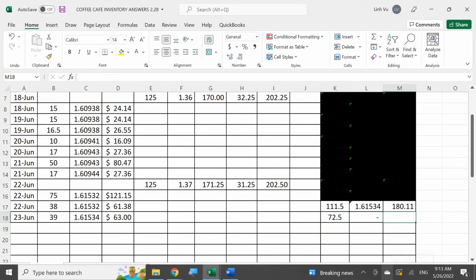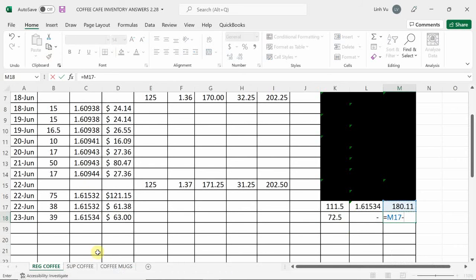And here is 180.11 minus your $63 even, which is $117.11.